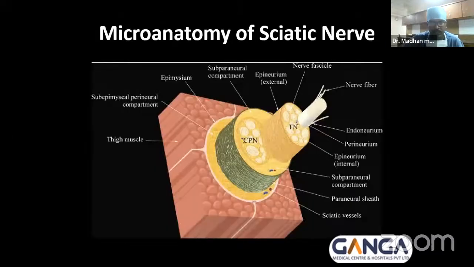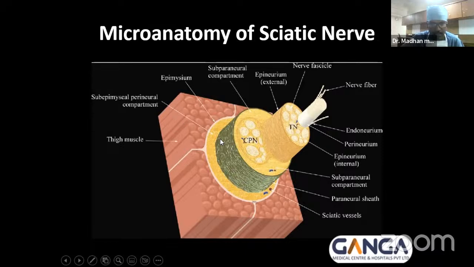Now coming on to the microanatomy of the sciatic nerve, which, as I told you, is very important to know in the popliteal sciatic region. Both the components, the tibial nerve and the common peroneal nerve, are enclosed in a common paraneural sheath, a connective tissue. Here you can see this green region is the paraneural sheath. This is the epimysium of the muscle, and this is the subepimysial perineural compartment.